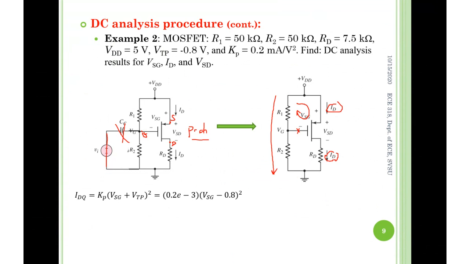The other is the VSG loop KVL. One more minute.